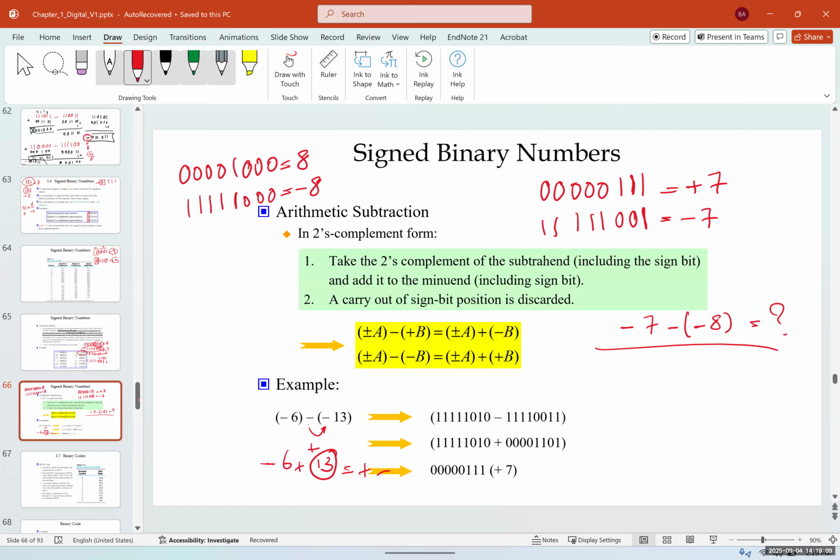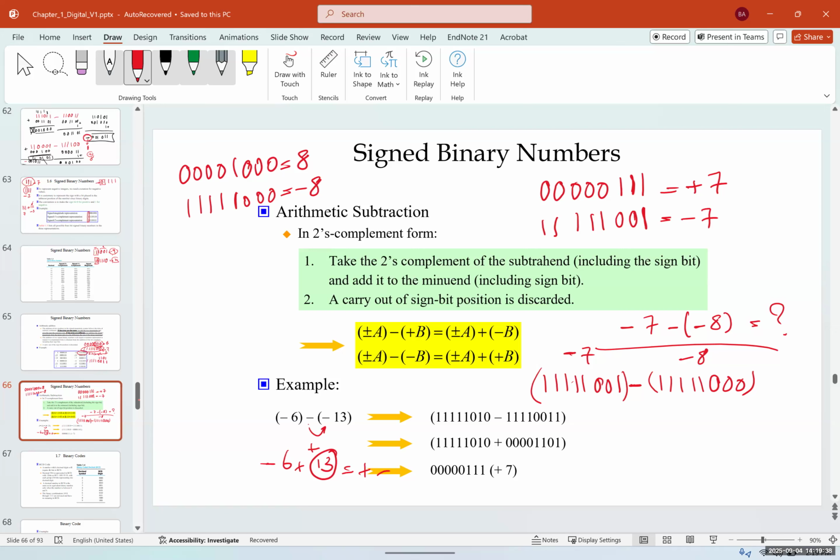We didn't even need to do that, but I'm going to do it anyway. So it's going to be 1, 1, 1, 1, 1, 0, 0, 1 minus 1, 1, 1, 1, 1, 0, 0, 0. So this is going to be -7 minus -8.